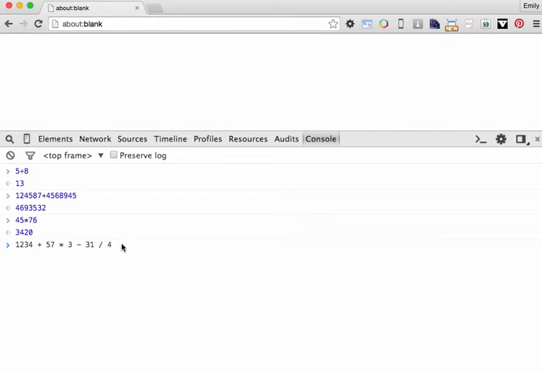So if I go ahead and hit return, it's going to give us the answer, which is 1,397.25. I just want to point this out to you because I want you to understand the order of the operations: multiplication, division, addition, and then subtraction. In some instances, you may want to do the addition and the subtraction first before doing the multiplication and division.